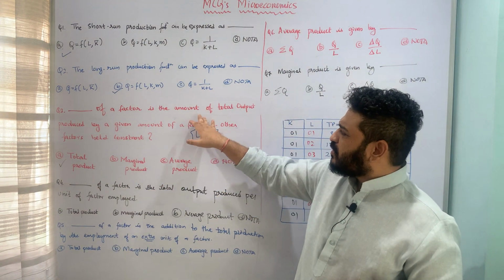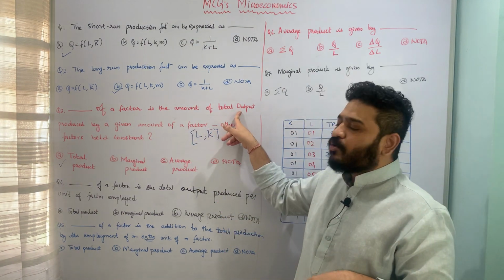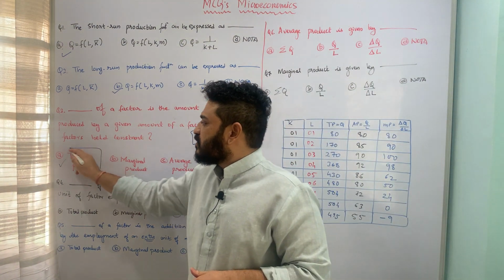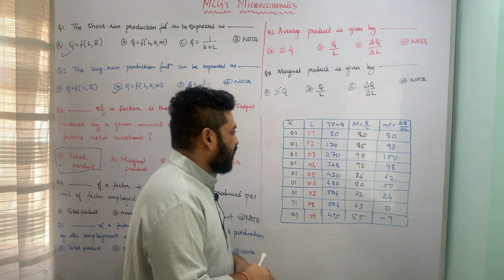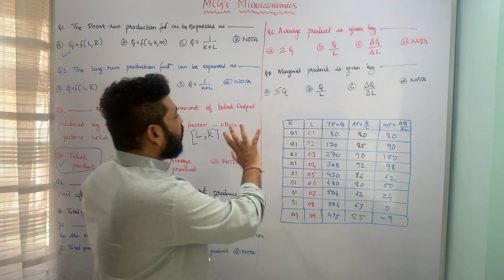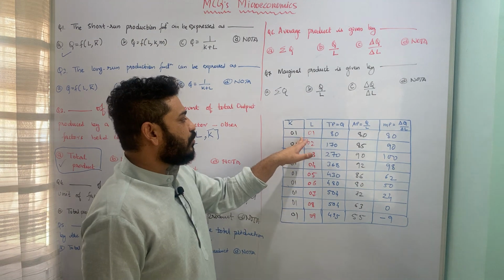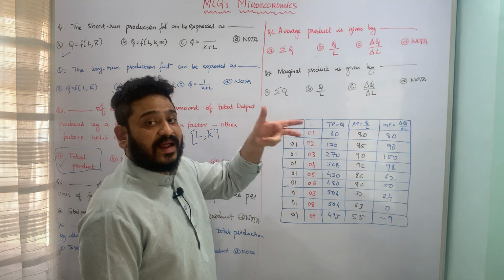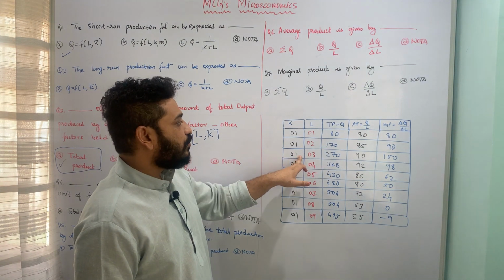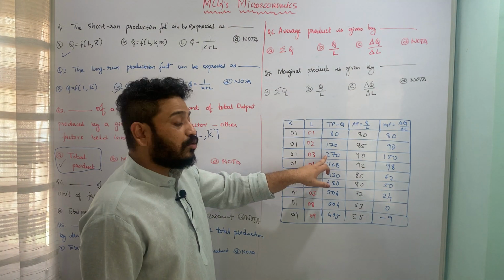So it is pretty much clear that the total product of a factor is the amount of total output produced by a given amount of a factor. Meaning thereby, 1 unit of capital and 1 unit of labor is going to create output of 80 units. 1 unit of capital and 2 units of labor are collectively going to create output of 170 units. 1 unit of capital and 3 units of labor are going to collectively create total output of 270 units.